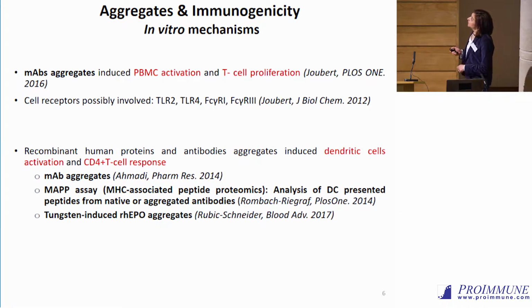response. In the literature, you will find some in vitro mechanisms that have been shown, especially PBMC activation with antibody aggregates and T-cell proliferation, and probably the receptors engaged here are TLR or Fc gamma receptors.